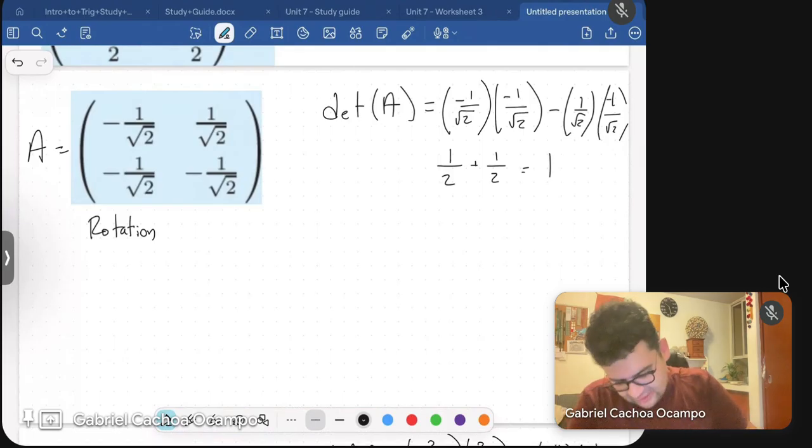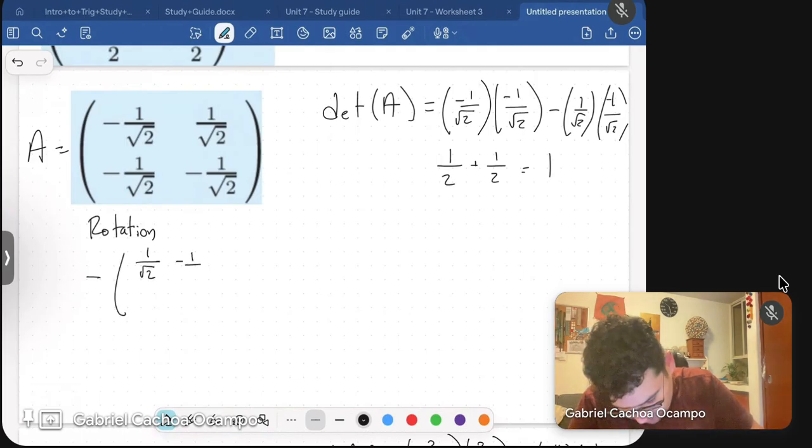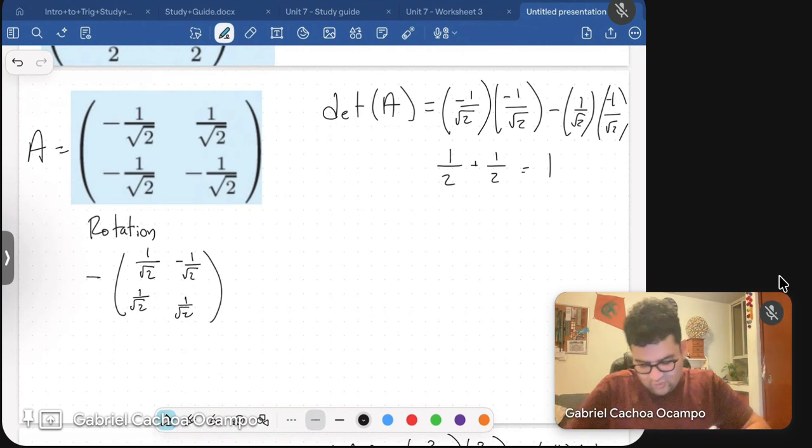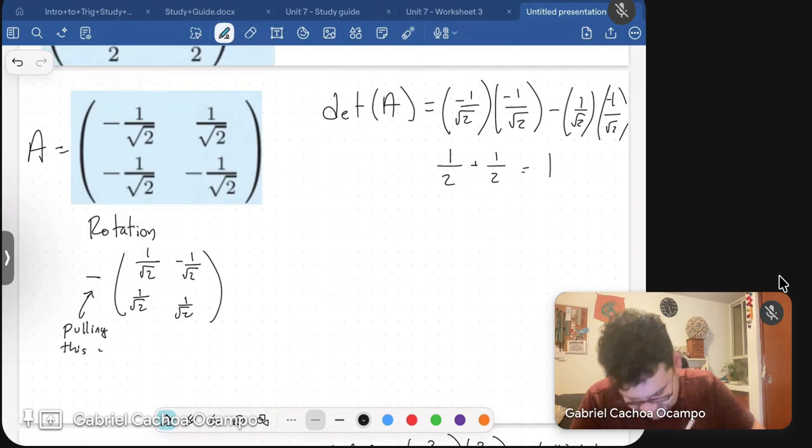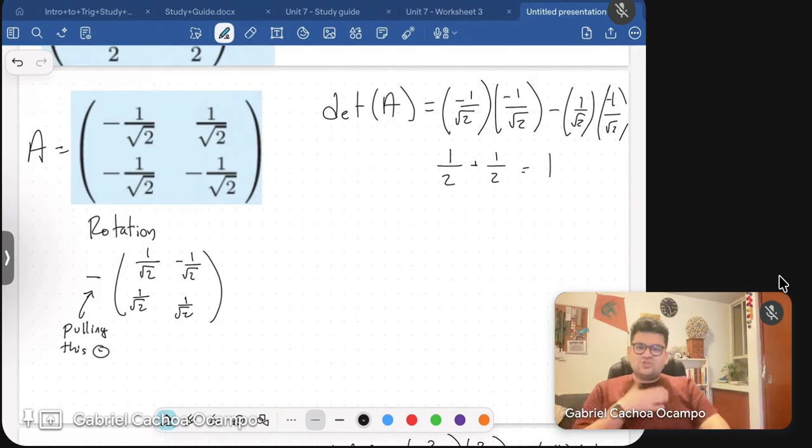What I can do is pull out a negative 1, and this is 1 over the square root of 2, minus 1 over the square root of 2, 1 over the square root of 2, 1 over the square root of 2. When I am factoring this negative 1, please verify that the determinant does not change.